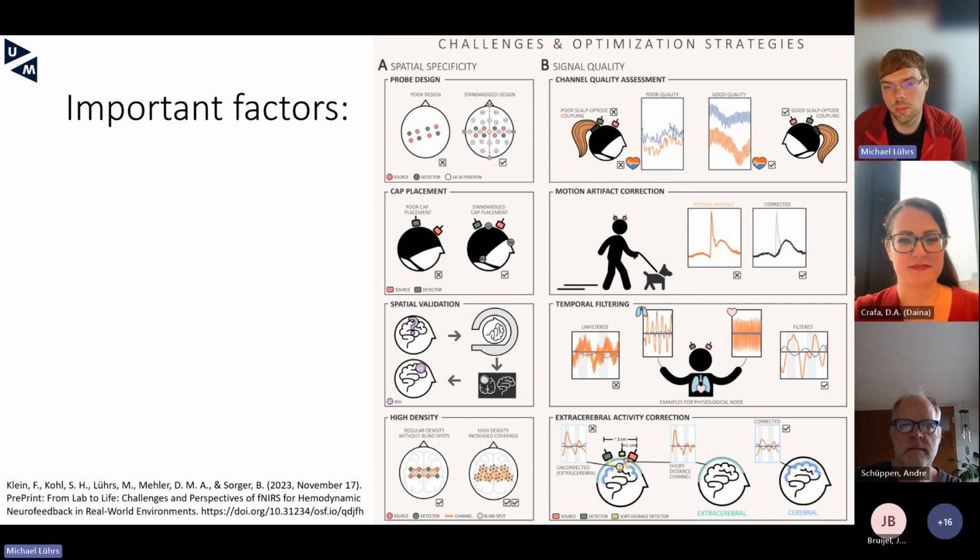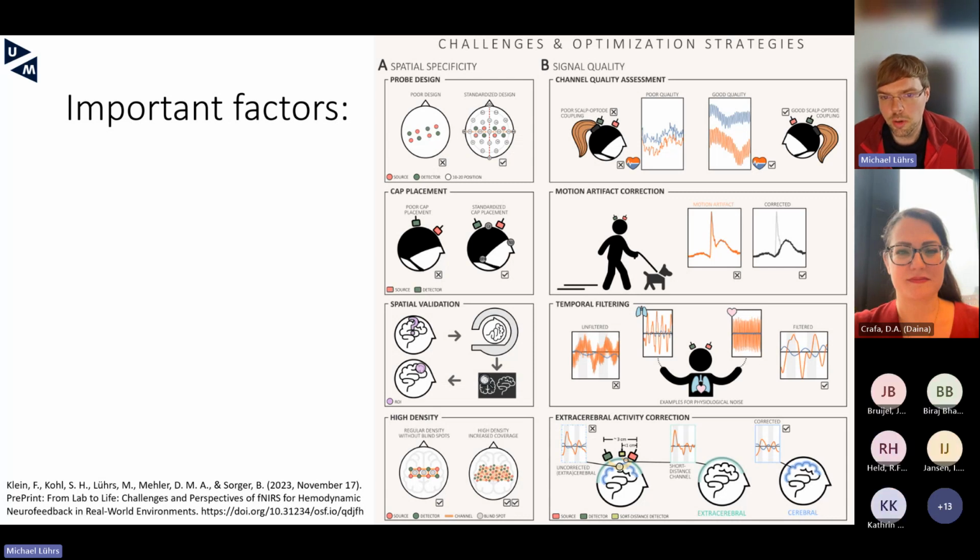So after you have decided on a specific location, you have to place the cap as well as possible to really reach this location that you have determined. So it's not only that you know which region you're planning to measure, it's also the second step that you are really sure that you're using the right location there.